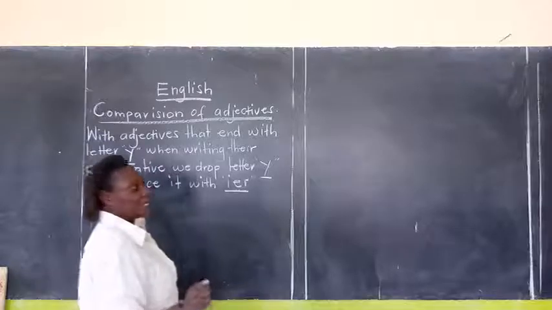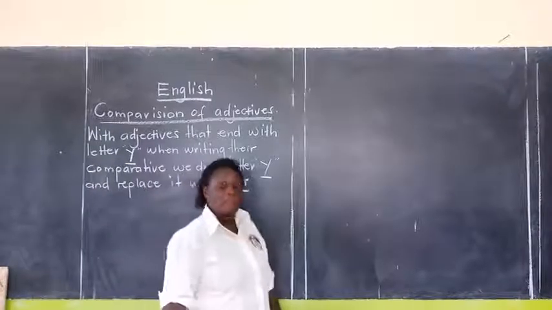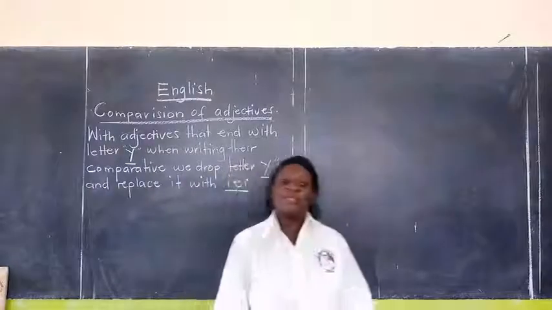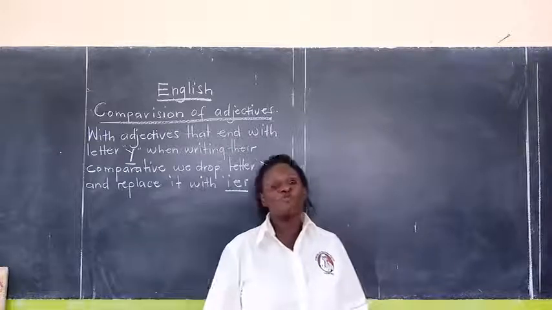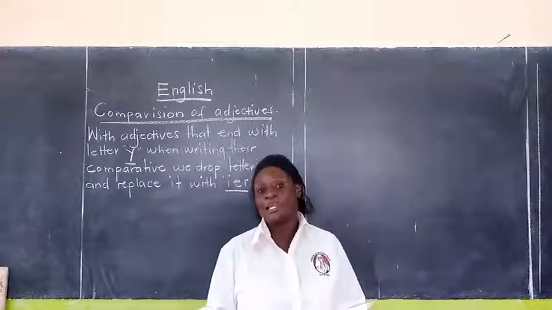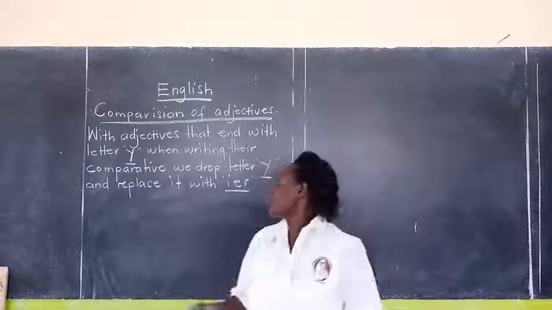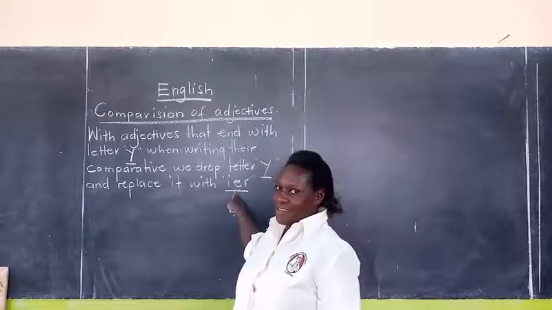With adjectives that end with the letter Y, when we are writing their comparative, what we do, we drop that last letter Y, and we replace it with IER.